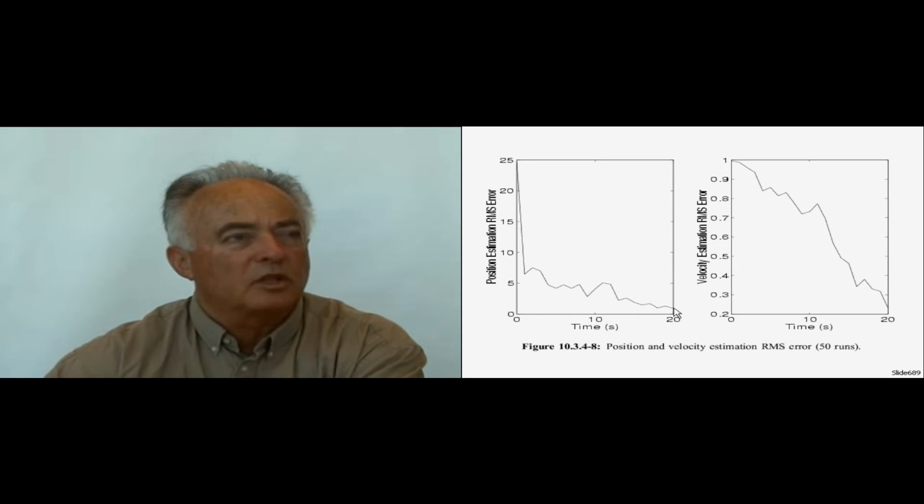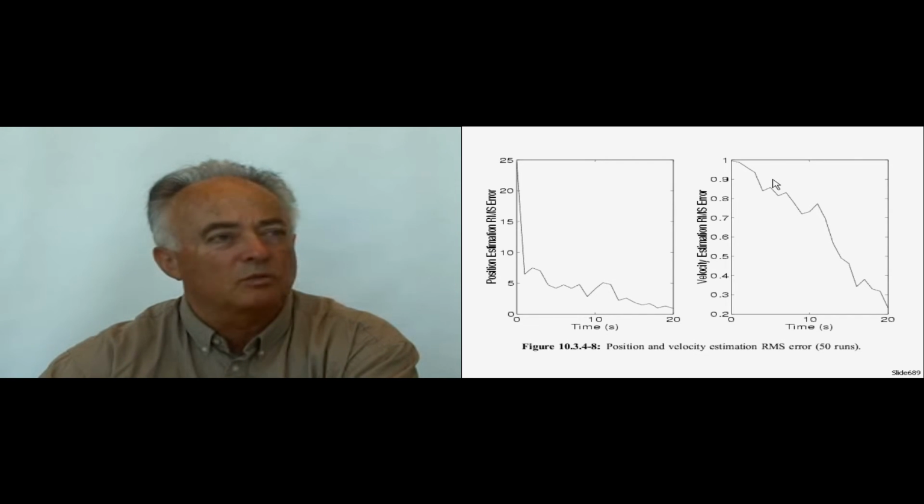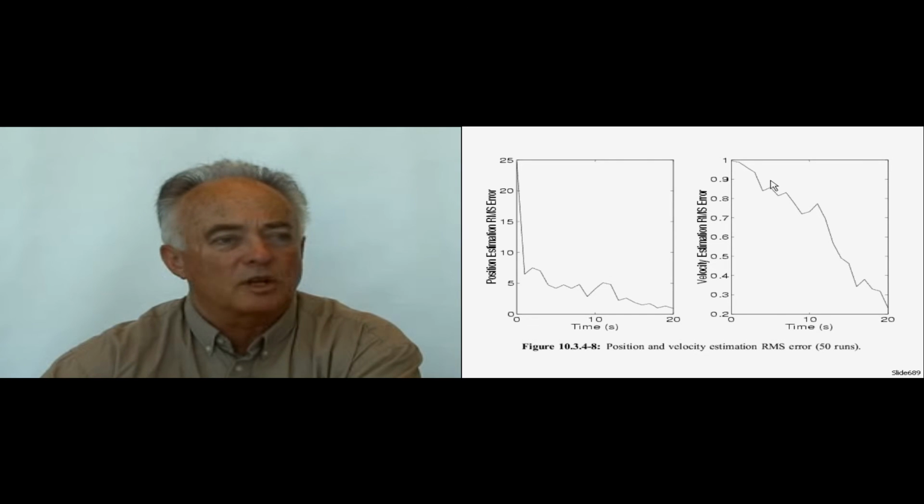And for the velocity, again, it starts at 1 because we initialized it with an estimate of 0 when we know, that's knowledge under the table, that it was 1. So that was the initial RMS error, and eventually it goes down to something like 0.2, 0.25.